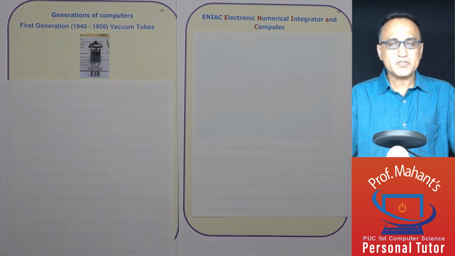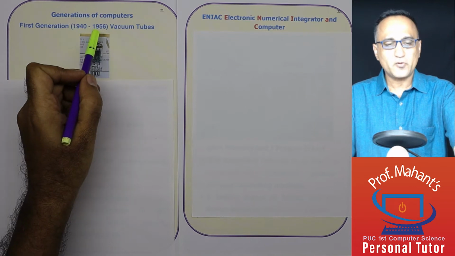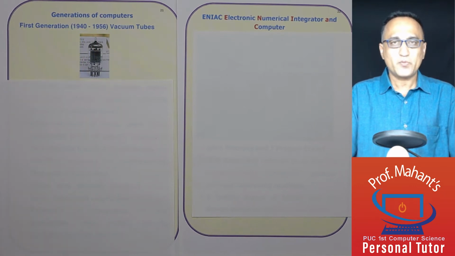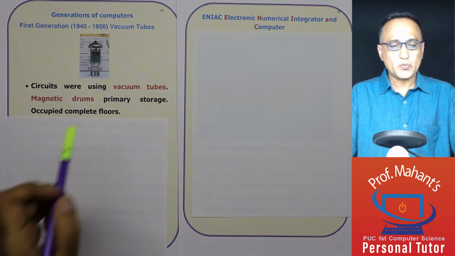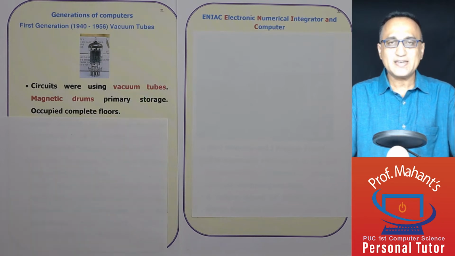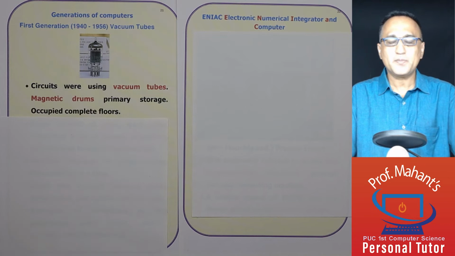The computers produced between the years 1940 to 1956 were known as the first generation of computers. Since the circuits in these computers were designed using vacuum tubes, this generation is known as the vacuum tube based generation.